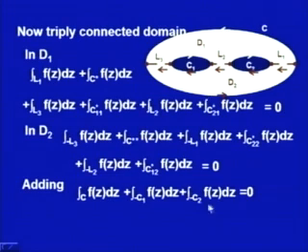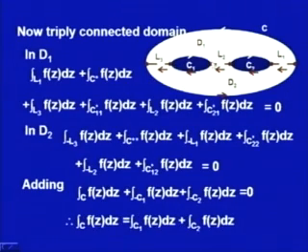So, we have shown the result over here, but from here we are getting another formula: the integral along this outer boundary is the sum of the integrals along the inner boundaries. So, the integral along C of f(z) dz is the integral along C1 of f(z) dz plus the integral along C2 of f(z) dz.